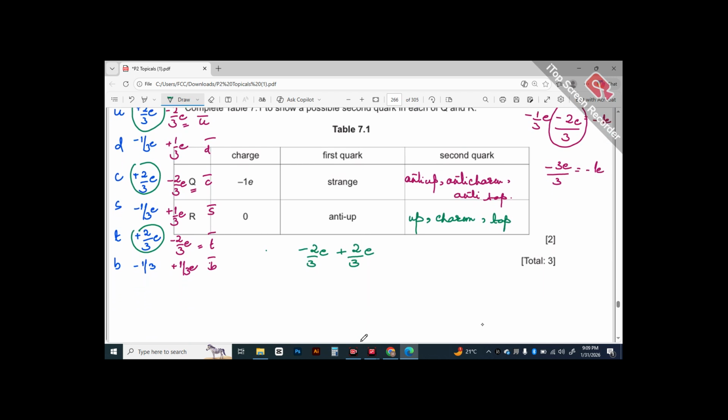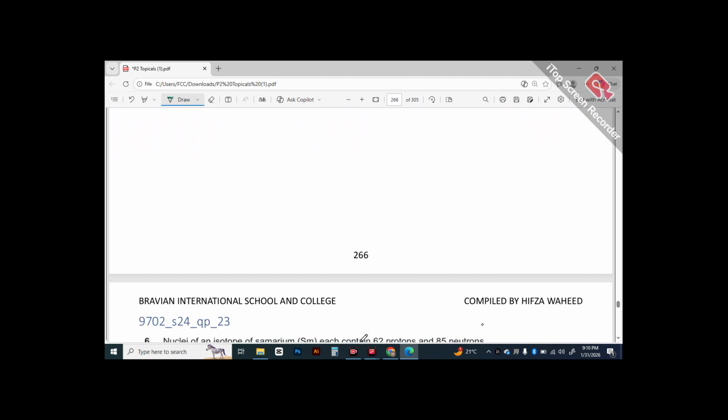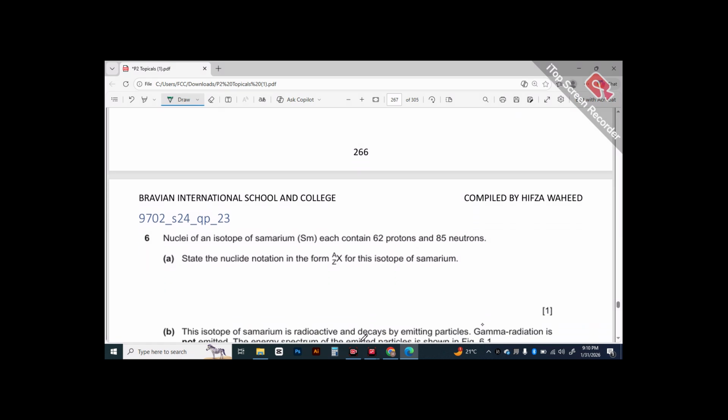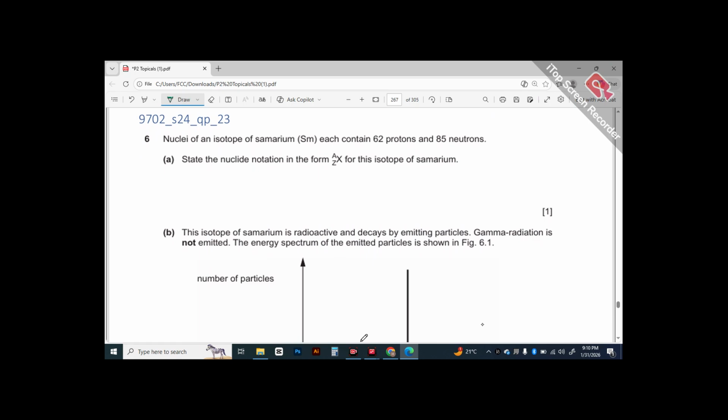The next we have is, okay, so they have given us a question for 3 marks. I hope this isn't the case for 2026. Then in another question, they are saying that nuclei of an isotope of samarium each contain 62 protons and 85 neutrons.